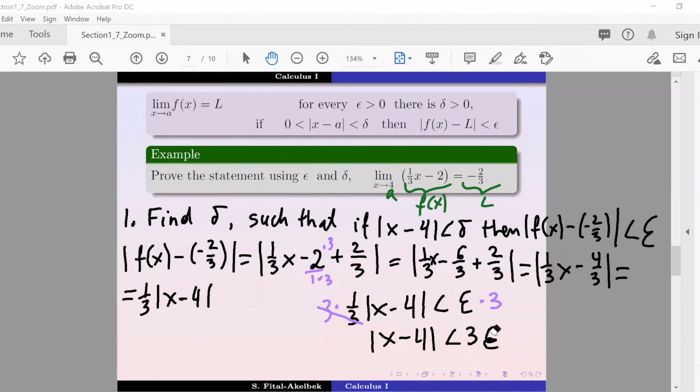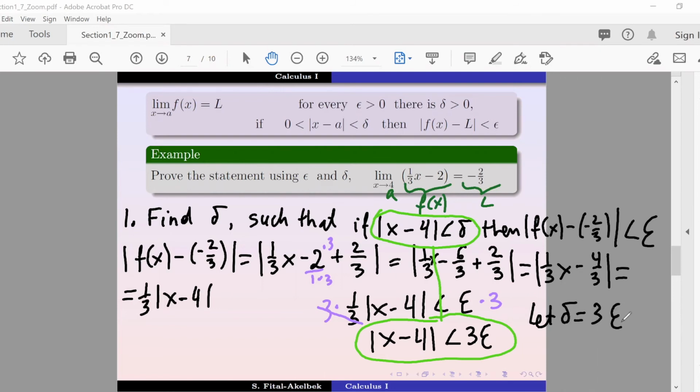So if we compare this with what we just received, we can clearly see that my delta is nothing else but 3 epsilon. That's how we can define: let delta equal 3 epsilon. And that's my first step.